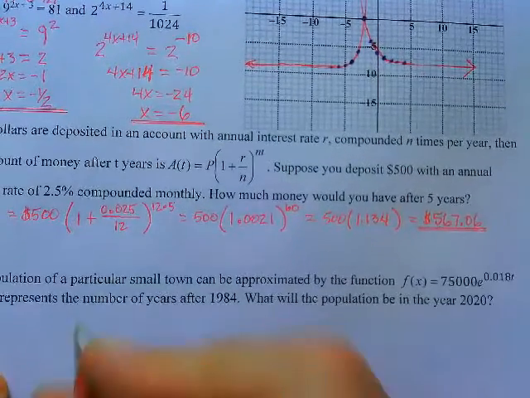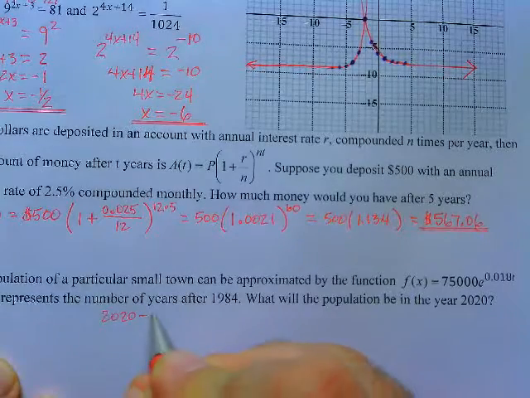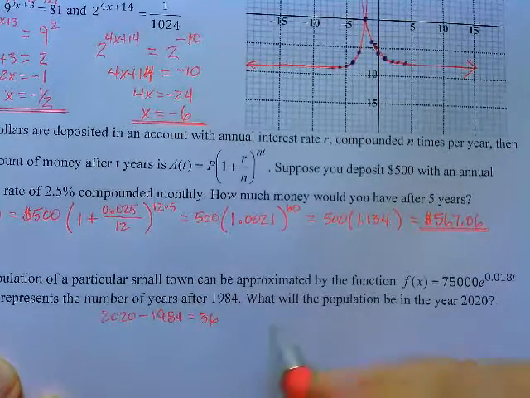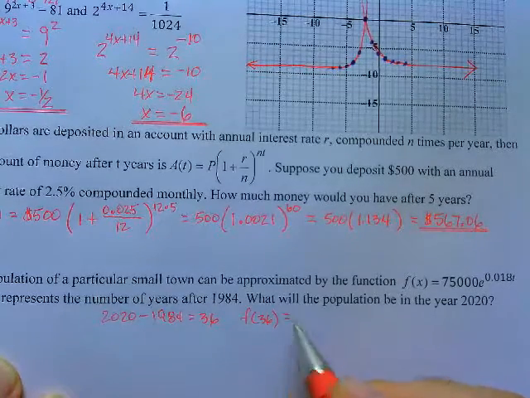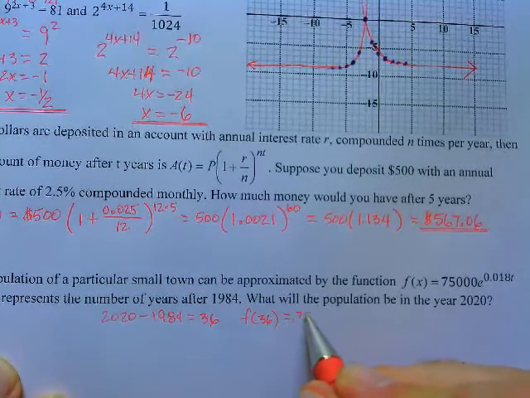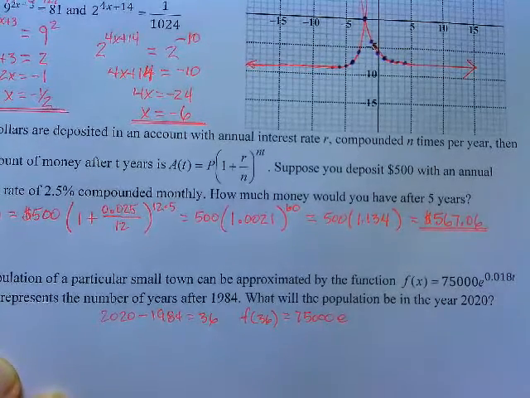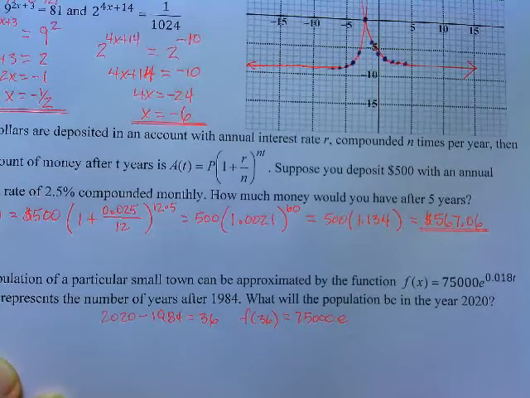So first off, 2020, subtract 1984, well, that's 36 years. So f of 36 would be the 75,000 times e. E is the natural exponential function.